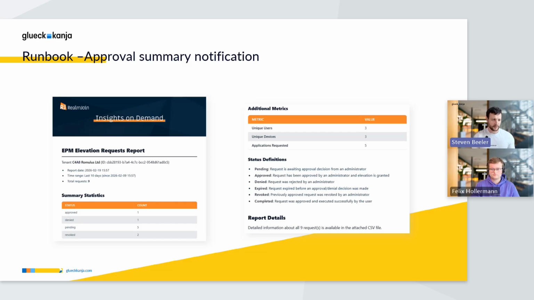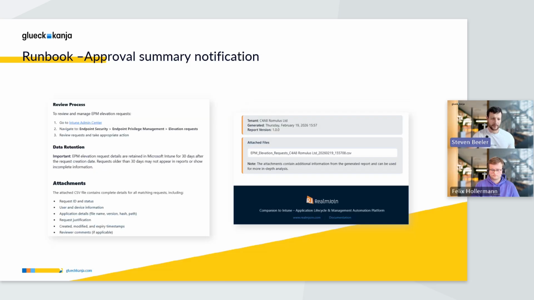In this notification that you can send by mail, you can see exactly how many got approved, how many got denied, what is pending, maybe what got revoked, and you get a good overview of what is actually happening. And of course, here too, you directly get the CSV file. So if you need to investigate further, you can filter this CSV file and look exactly for the details you need.